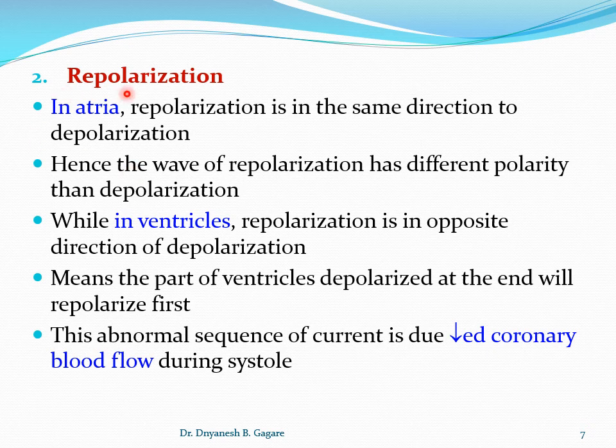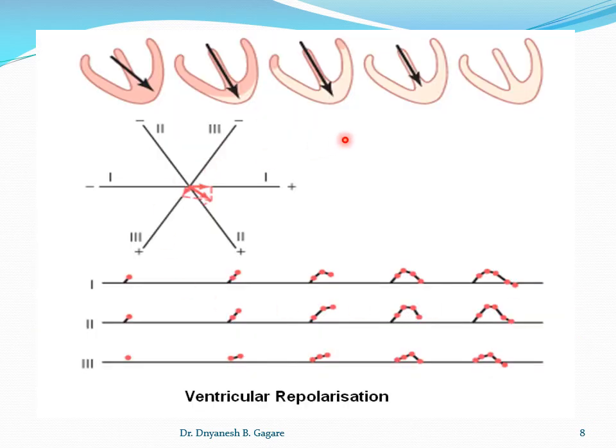Then we also studied what repolarization is and how the repolarization of the atria occurs, then how the repolarization of the ventricle occurs. I told in the previous class that the ventricle is the only part in the body where the repolarization is in the opposite direction to the depolarization.